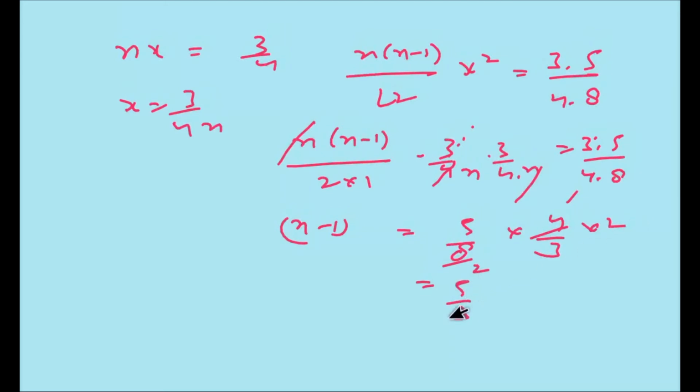So we get here 5 by 3. So n minus 1 equal to 5 by 3, n equal to 5 by 3 plus 1, and so we get the value of n is 8 by 3.